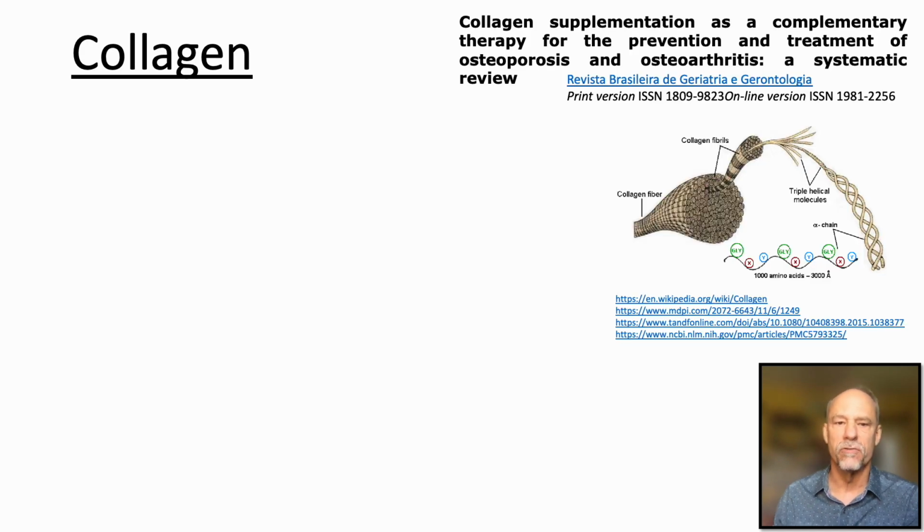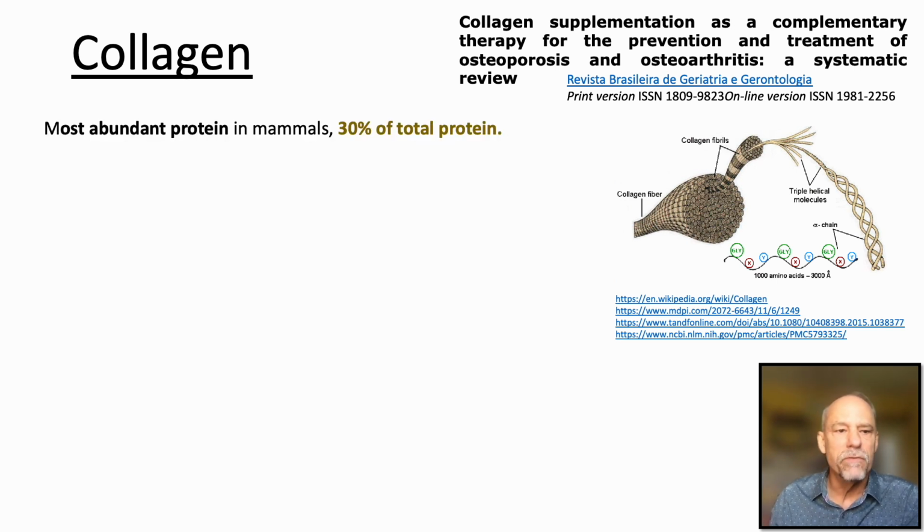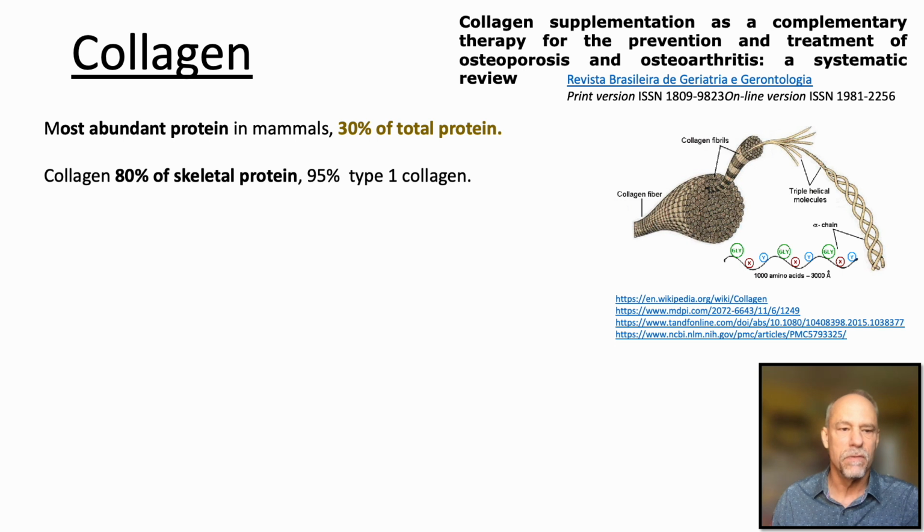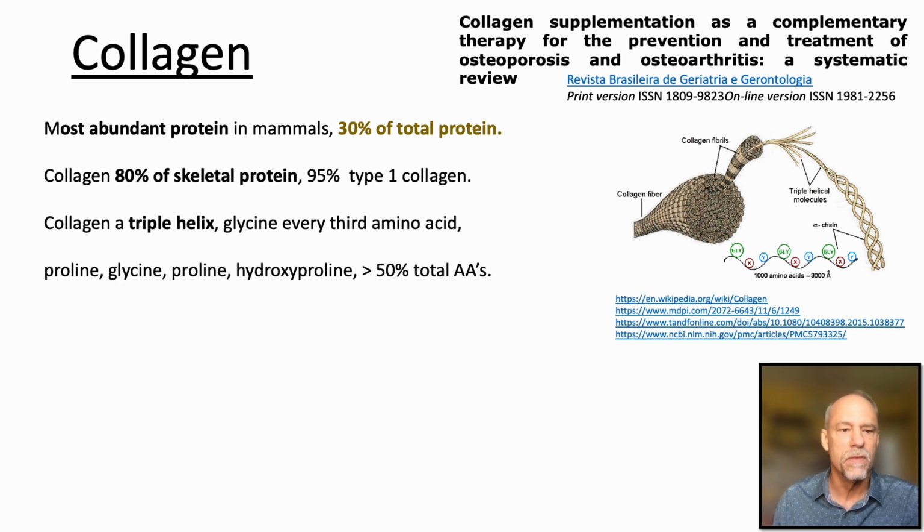Let's talk about collagen. This is based on this paper, a review of collagen supplementation. It is the most abundant protein in mammals. 30% of the total protein in the body is collagen. Collagen is 80% of skeletal protein, and 95% is type 1 collagen. So collagen is really a part of our tissues and bones.